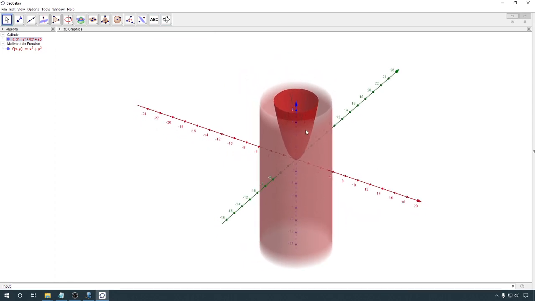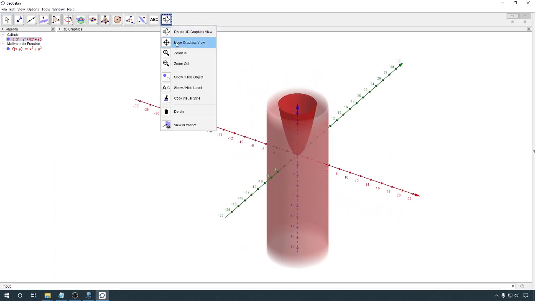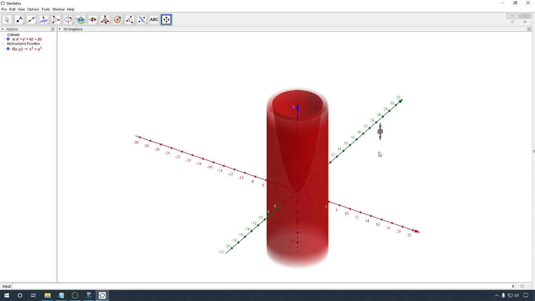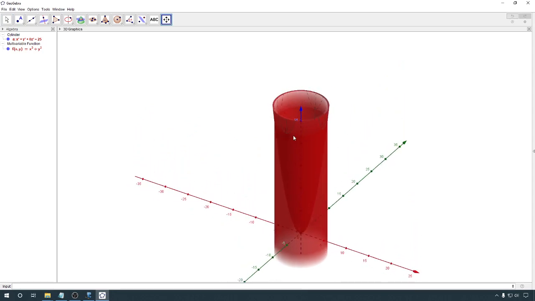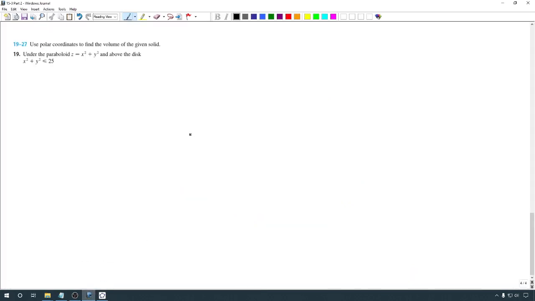Of course, that's really hard to see because it has to go up very high before it even exits that cylinder. But we've got this region that's underneath that paraboloid, inside that. It's actually going to be a pretty big number just because we have to zoom out so far. But at least we've got an idea of what we're actually looking at.